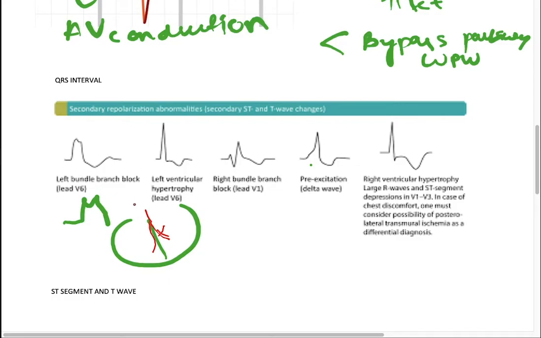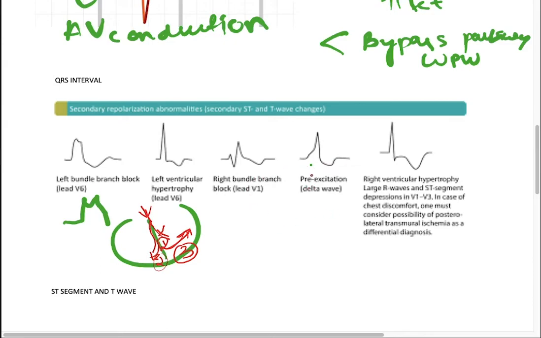So initially you will see a tall QRS, a positive deflection, because septal depolarization happens. Then negative, because second, on the right side there is depolarization, followed by the third part, that is the left side depolarization. That's why again positive. So it's positive, a little bit of negative deflection, followed by positive.